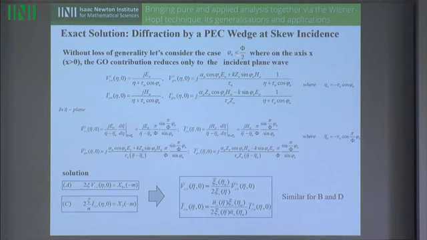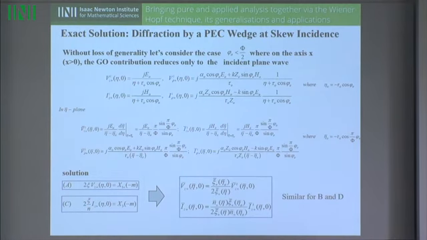In this case the plus unknown is non-standard, in the sense that you have a geometric optic component due to the incident wave that has a pole in the upper half plane.